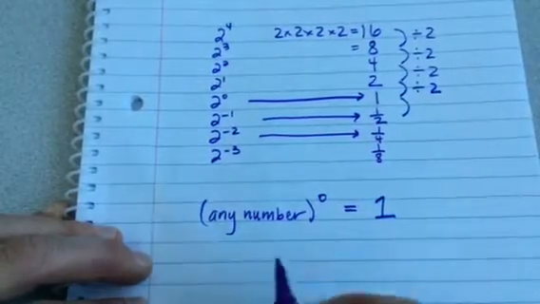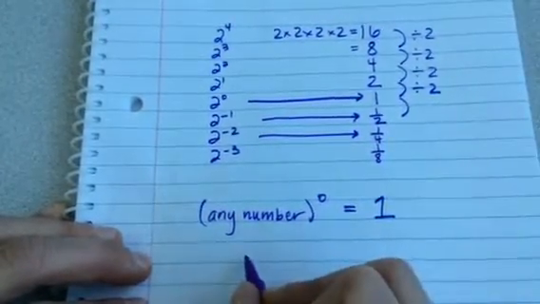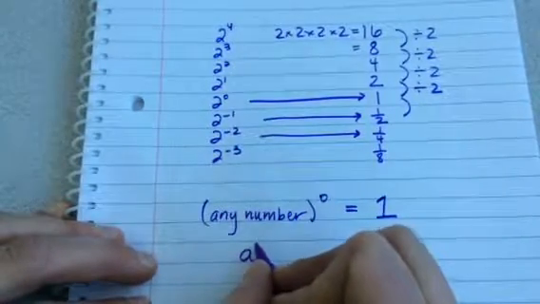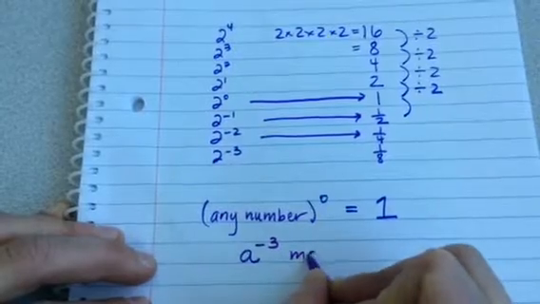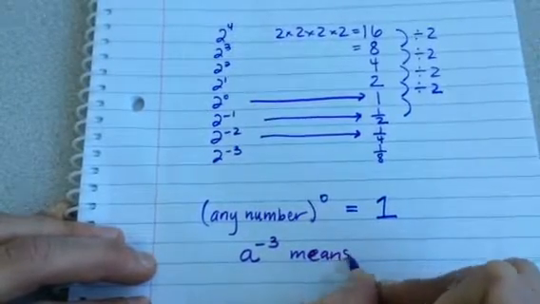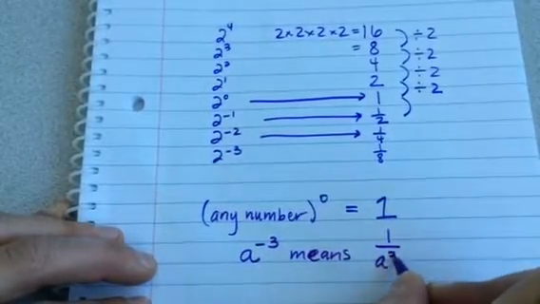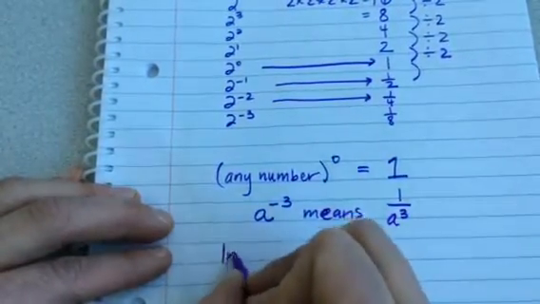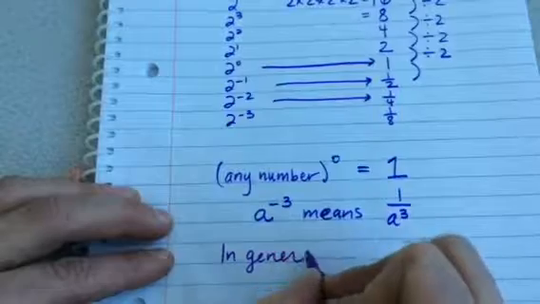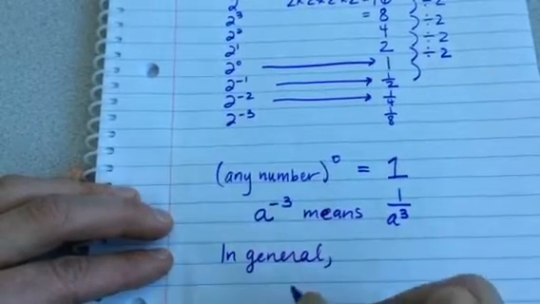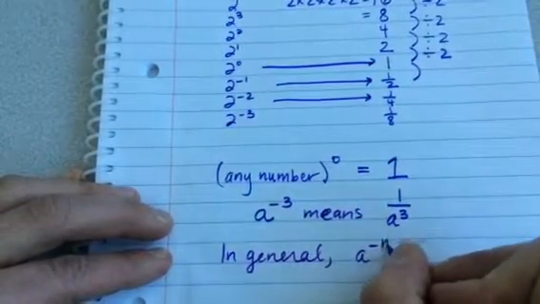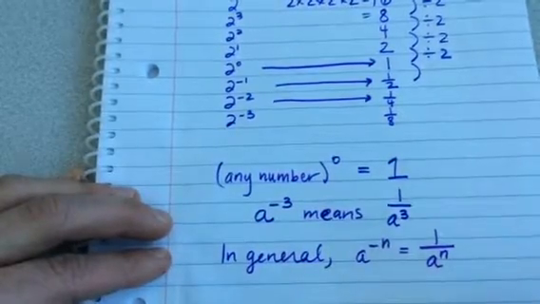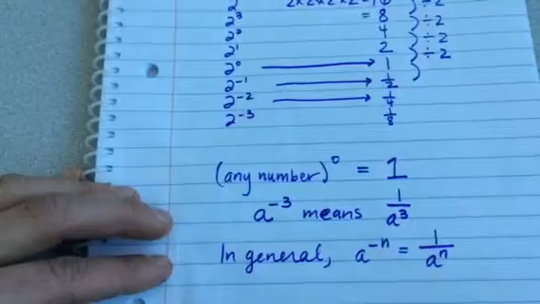So what's going on here is if we've got any number a to the power of negative 3, this means 1 over a to the 3rd. Okay, so in general, a to the negative n is 1 over a to the power of n. That's how negative exponents work.